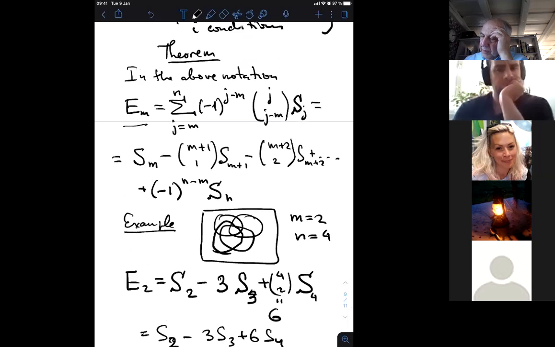Then they contribute 1 to the left-hand side and 1 to the right-hand side. Now we have to show that those which satisfy more than m properties contribute 0 to the left-hand side and 0 to the right-hand side. And this again boils down to a very simple formula for the binomial coefficients.